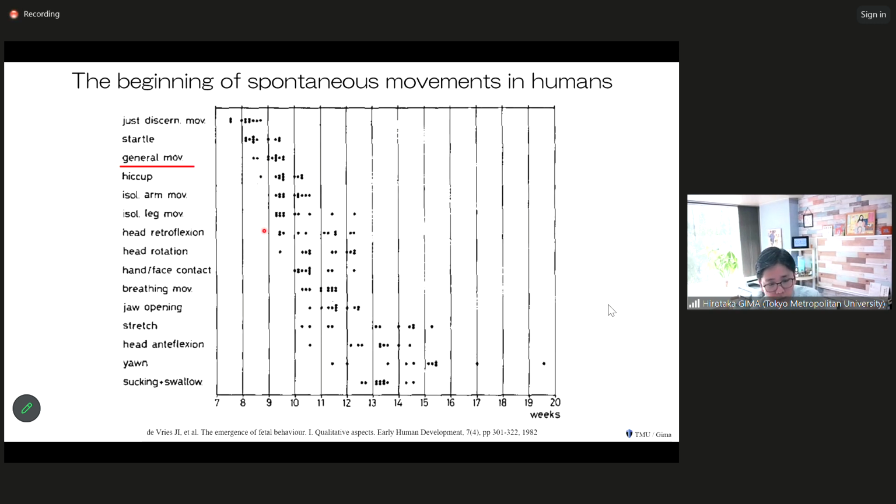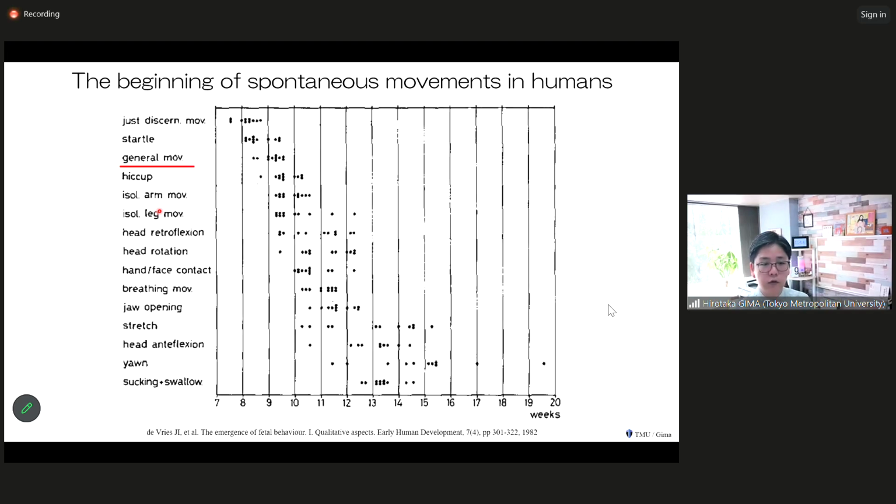As can be seen in the graph, the human fetus shows just this movement around 8 weeks of gestational age, followed by startle, general movements, and hiccup, and isolated arm movement or isolated leg movement.